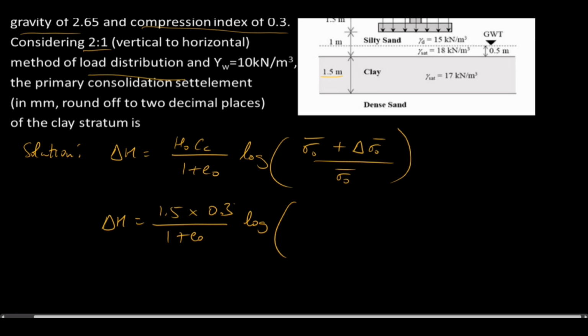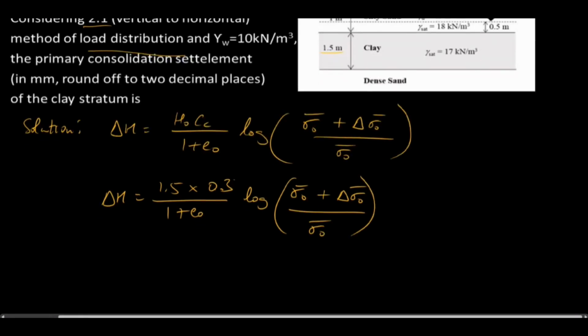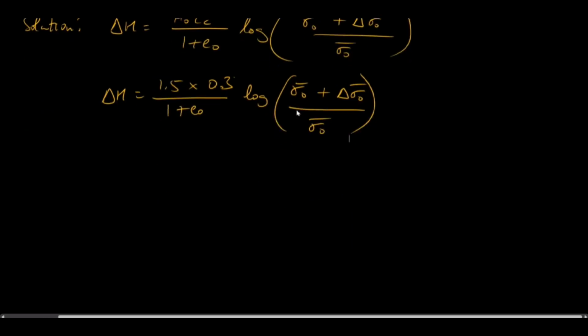We don't know the value of sigma naught or delta sigma, so we'll keep it like that. So we need to calculate e naught, sigma naught and sigma naught dash.